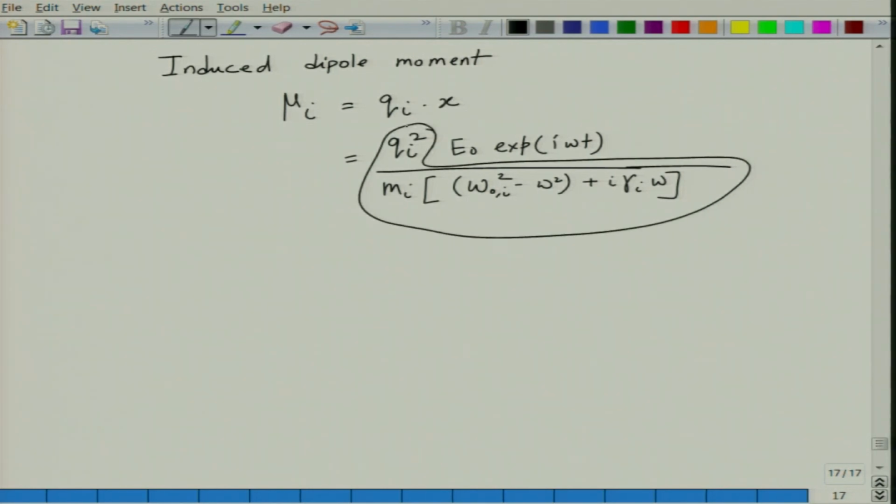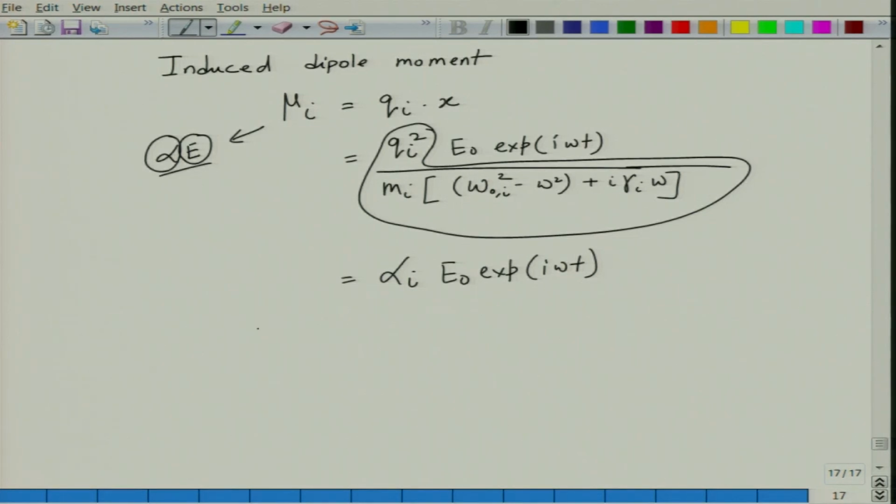And what is mu? We know that mu is equal to alpha E, the polarizability multiplied by electric field. So, mu is alpha_i into E naught into exponential of i omega t.